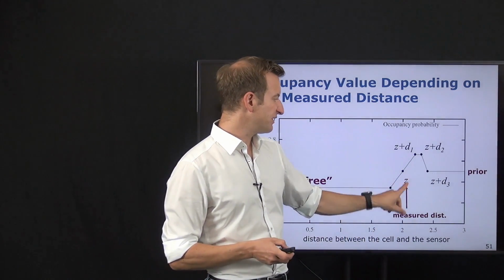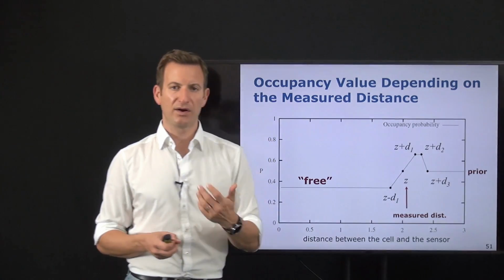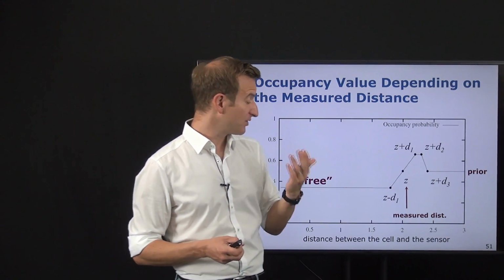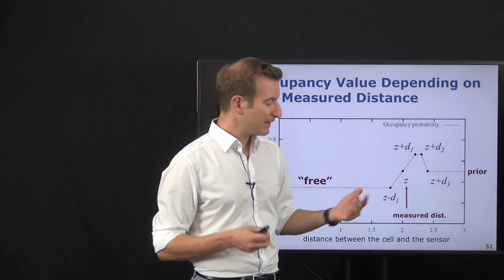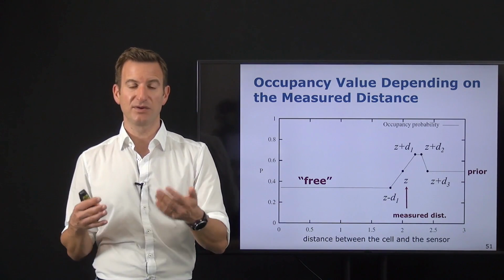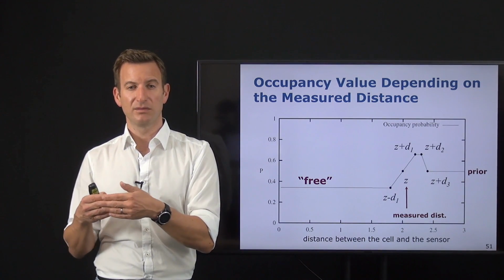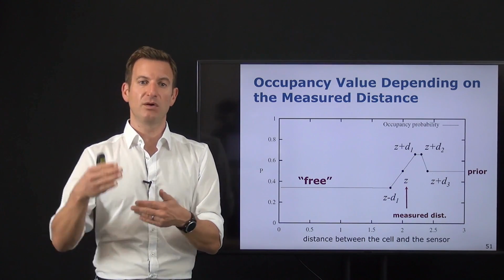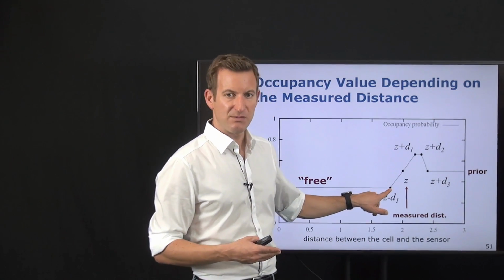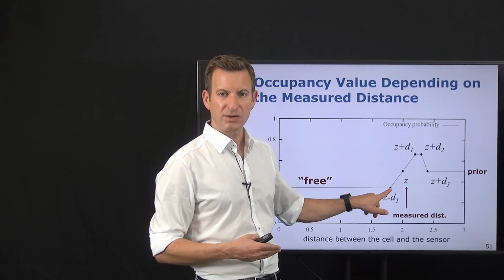Then I have my measured distance Z over here, where I actually got the return signal. But this sensor is very noisy, and it may generate signals which are either closer to me or further away from me. So I'm not as certain anymore, close to the object, where the return actually happens.